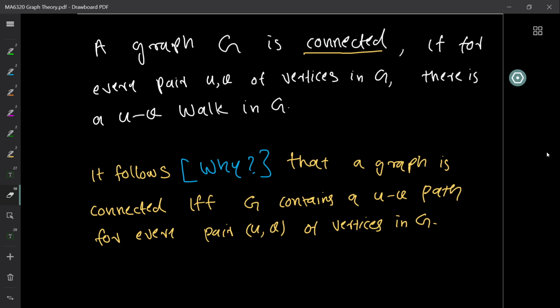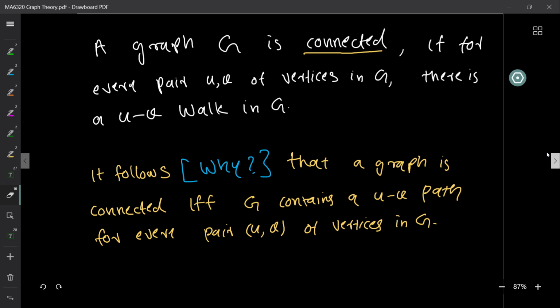In fact, we defined a graph being connected earlier in another way: a graph is connected if for every partition of the graph into two parts, there is an edge which goes across, which has one endpoint in one part and the other endpoint in the other part. So these definitions all define the same thing. That is another question that you can try to work out as a homework question.